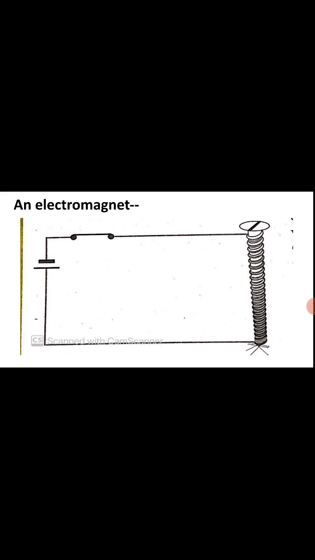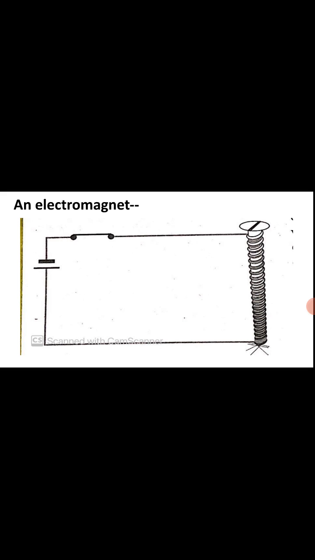You can see in this figure that the wire is coiled, wrapped on this nail. Near the nail, if we keep some pins and then switch on the current, current will flow, and we will see that the pins are attracted to the nail.